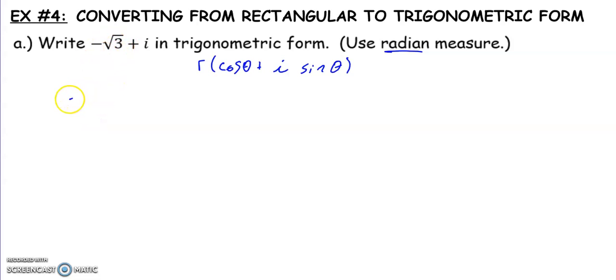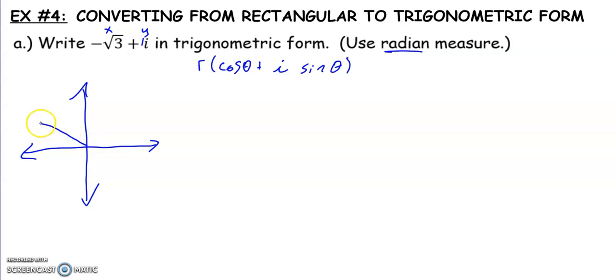So let's make our rectangular coordinates. Here is my x value, and my y value is going to be at 1. So we're going to come to the left negative radical 3, and we're going to go up 1.